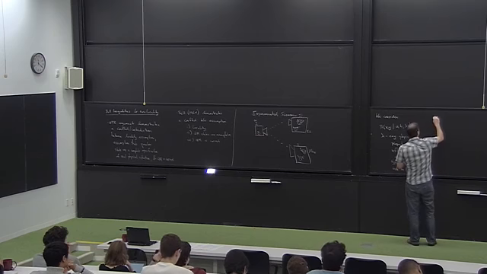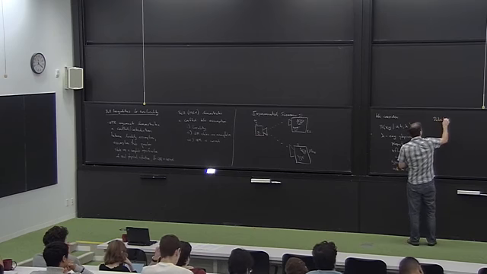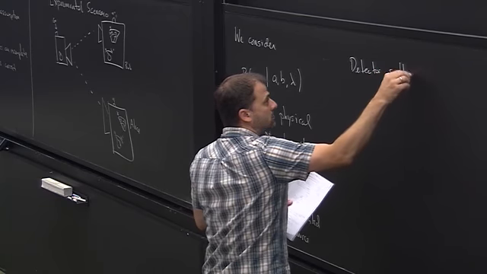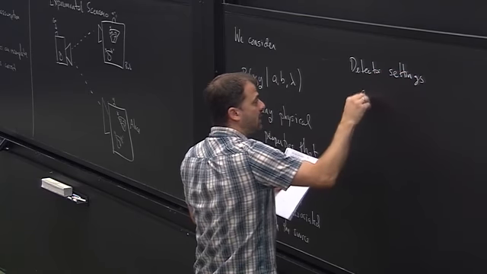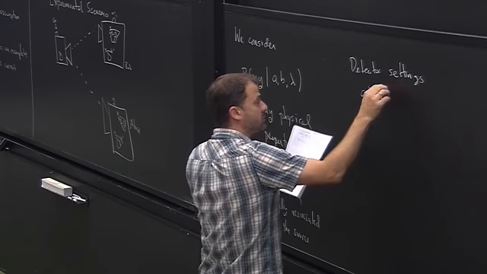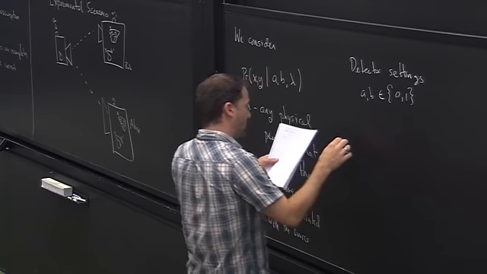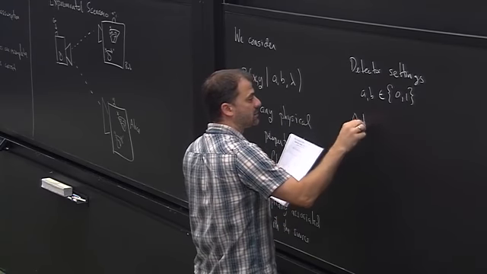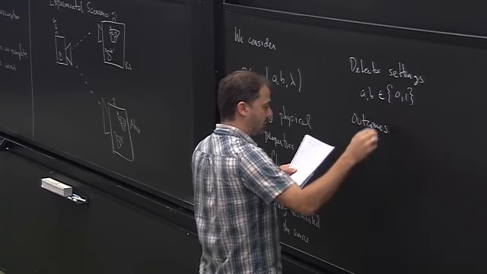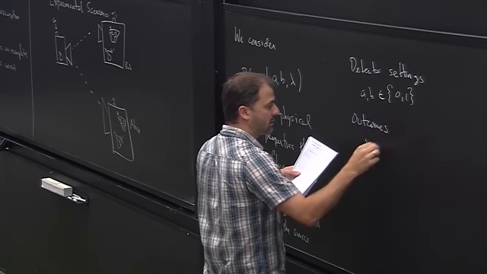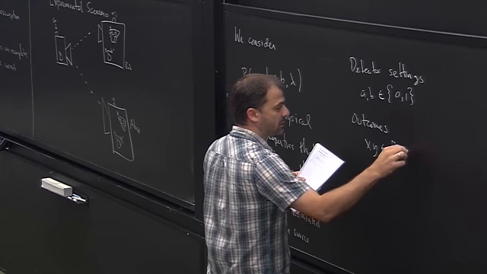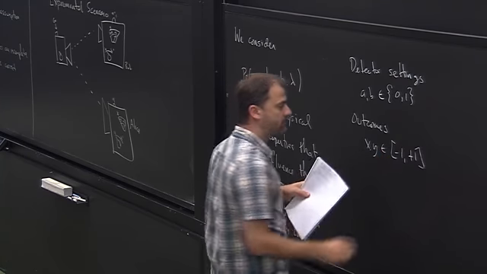We're going to assume that the detector settings A and B are either 0 or 1, and we have outcomes x and y in the interval -1 to +1.